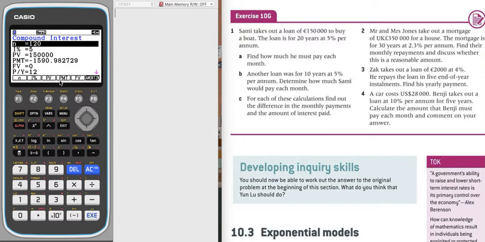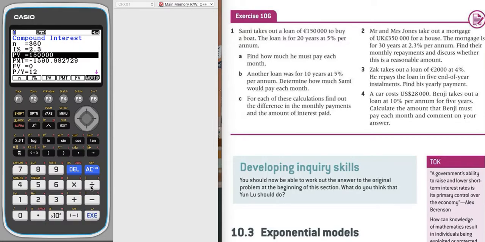Number 2. A mortgage for £350,000 for a house. And it's for 30 years at 2.3% per annum. Okay, I do like looking at these. They're kind of interesting. The monthly repayment. So for 30 years, 30 times 12 of these payments. 360 payments at 2.3% interest.